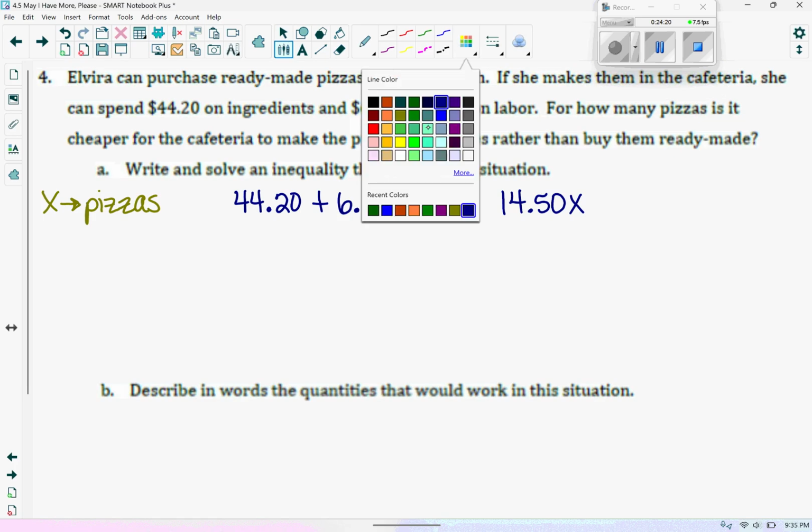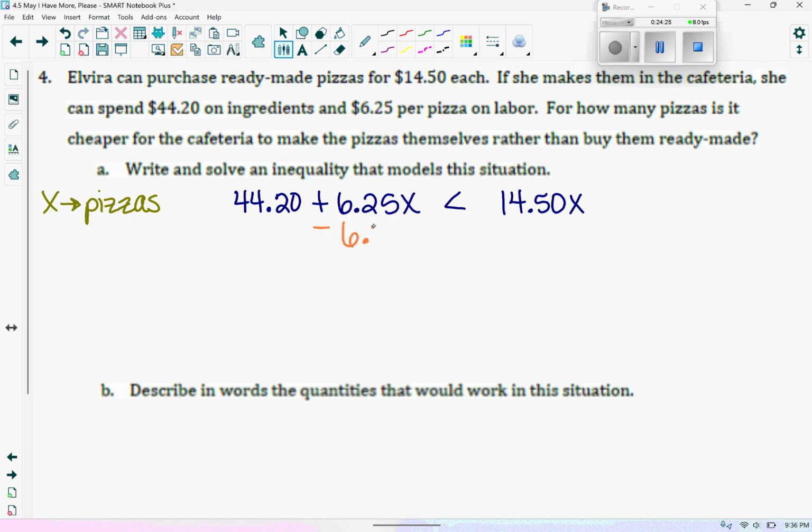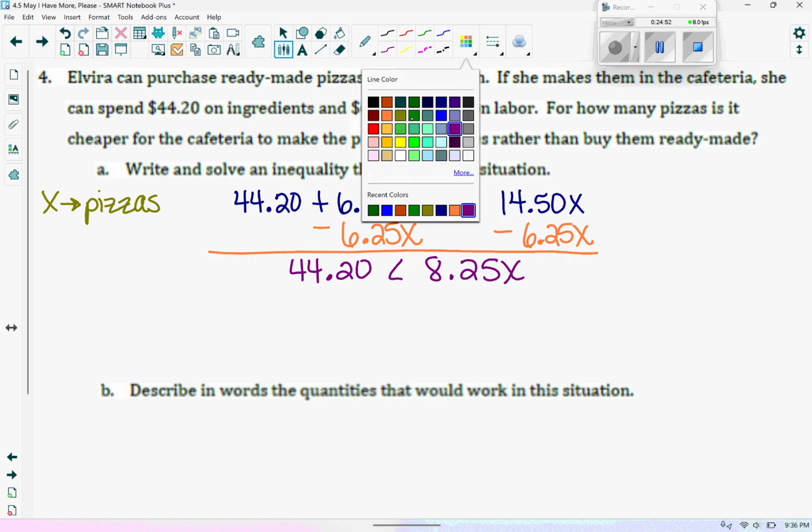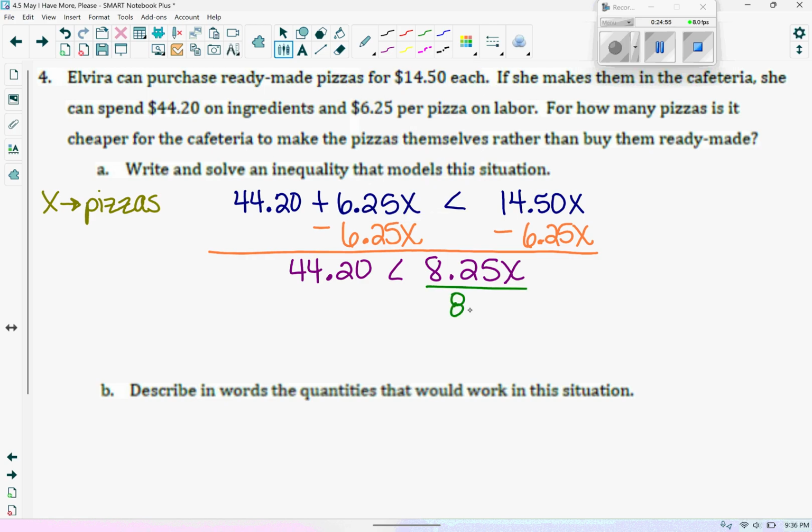So we're going to subtract the 6.25x, and I get 44.20 is less than, let me get my calculator back out, 14.5 minus 6.25 is 8.25x. Divide by 8.25.